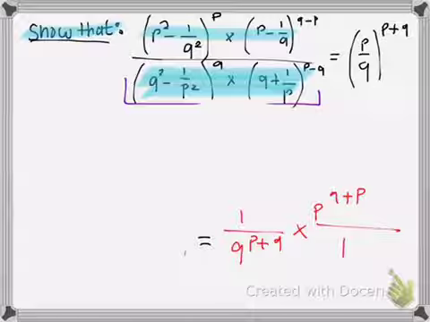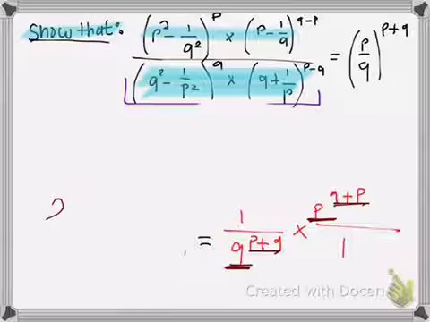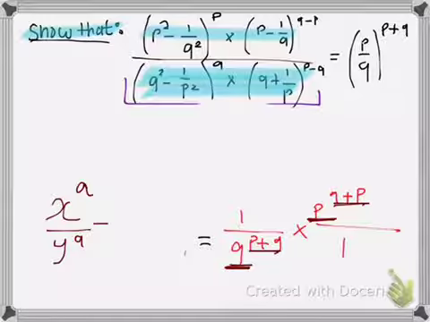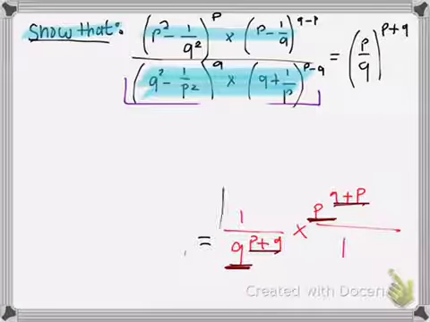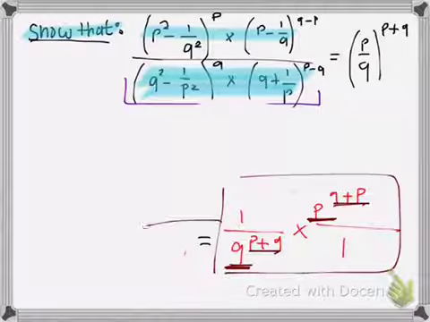Here in the numerator and denominator, we've got different bases, but they have the same power. So if we have two different bases, say x and y, with the same power, say a, we can combinedly write it as x divided by y with the same power a. We can do the same for this expression.